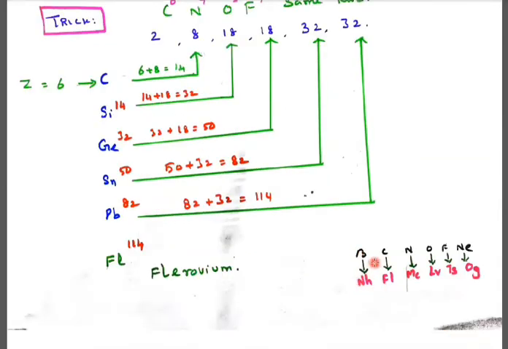Here I have placed the newly discovered elements. Boron family, nihonium; carbon family, flerovium; nitrogen family, moscovium; oxygen family, livermorium; fluorine family, tennessine; neon, noble gases family, oganesson.